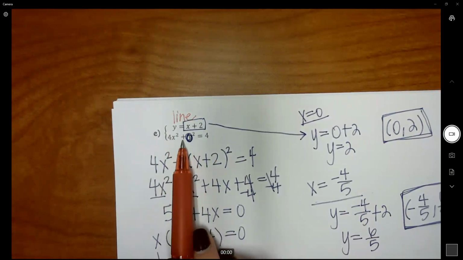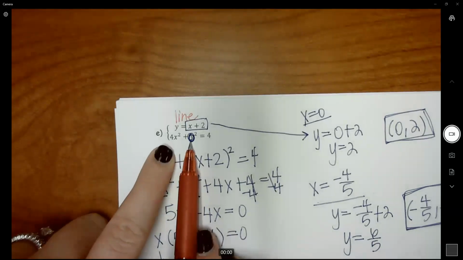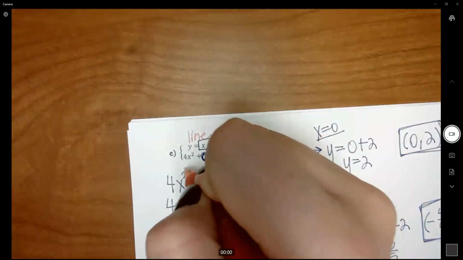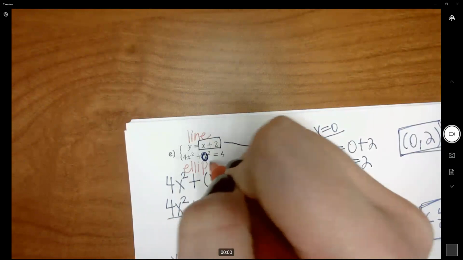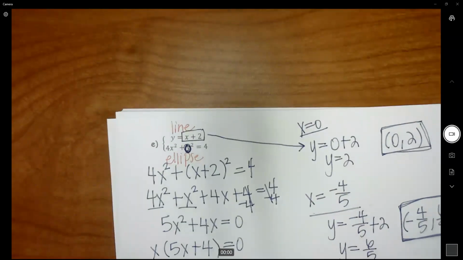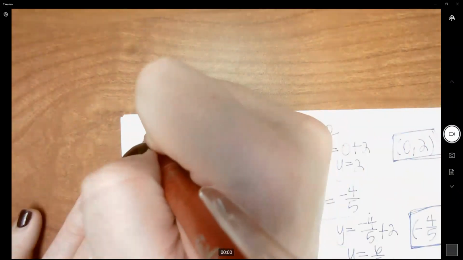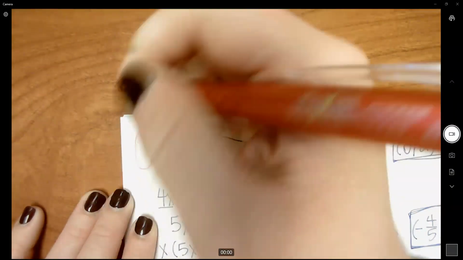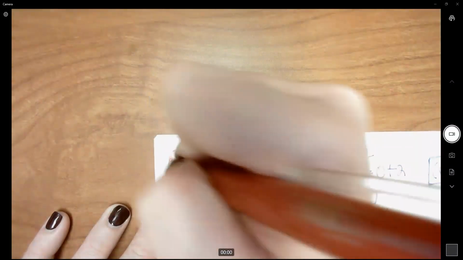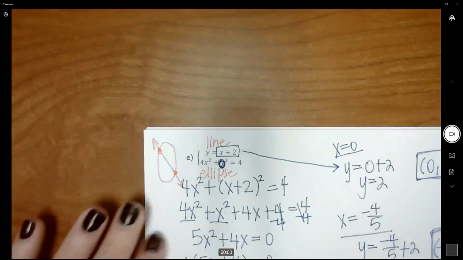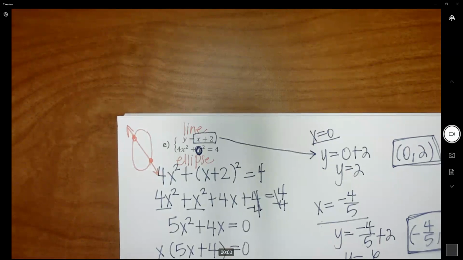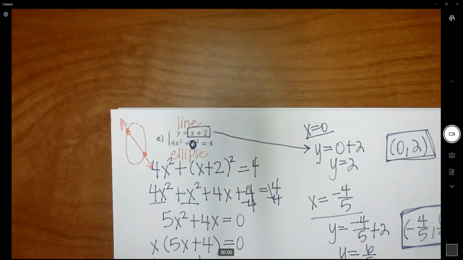It is being added and the coefficients are different. We finally have our first ellipse. So we would have had some kind of oval and then my line going through. So that is at most the amount of solutions we could have with that.